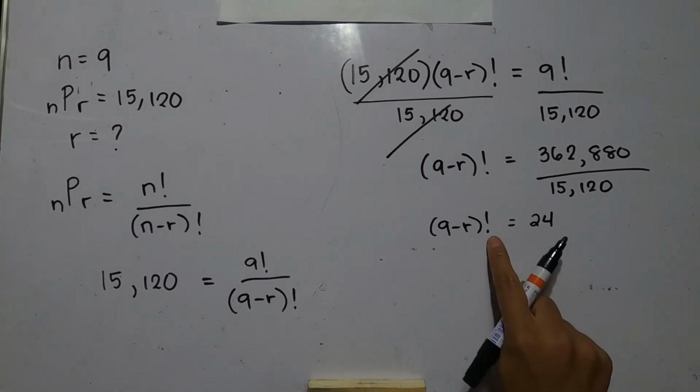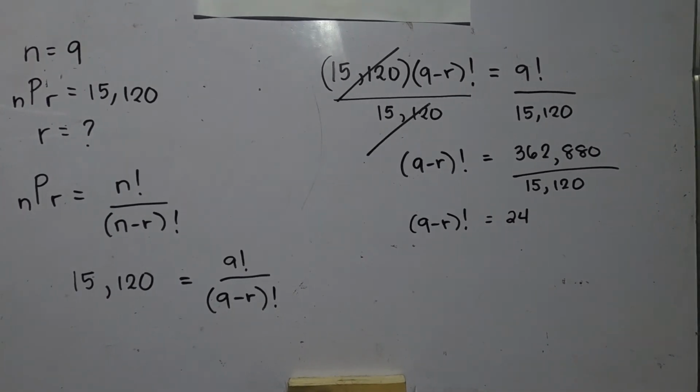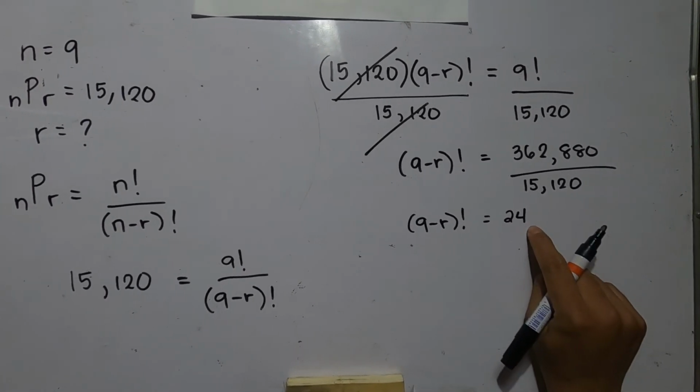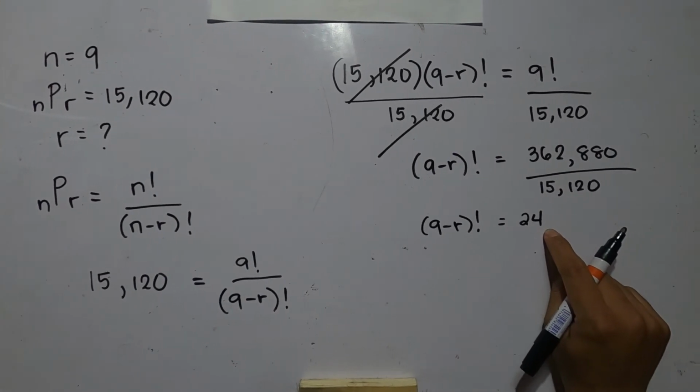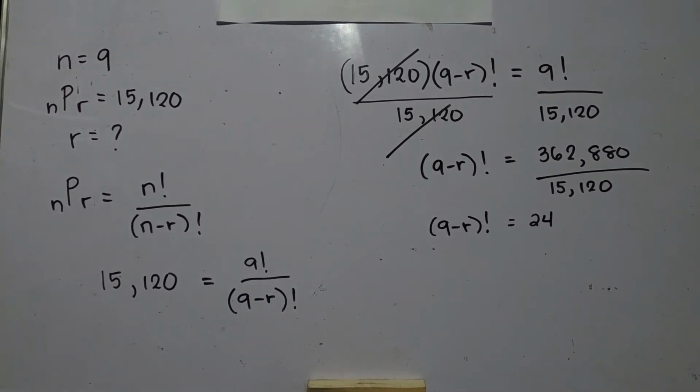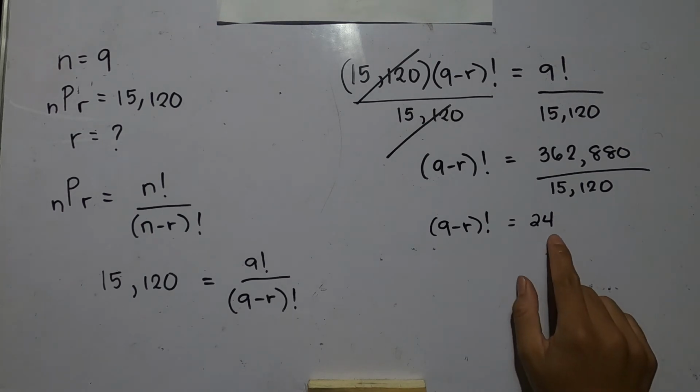To cancel out this factorial symbol, we must express 24 as factorial notation. We can express this 24 as 4 factorial since 4 times 3 times 2 times 1 is equal to 24.